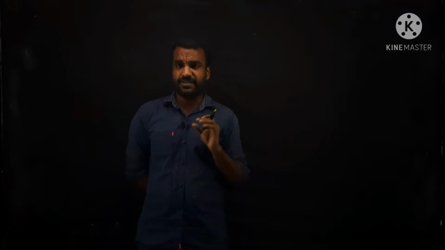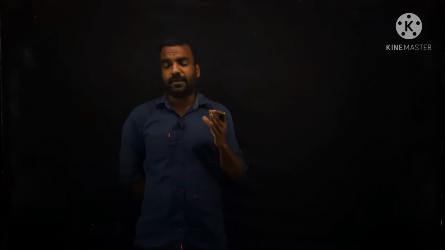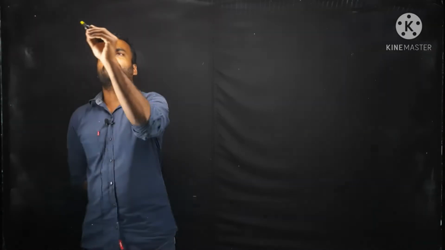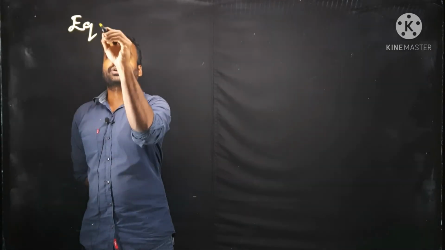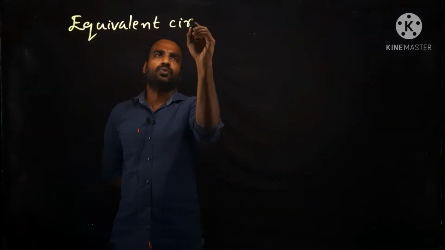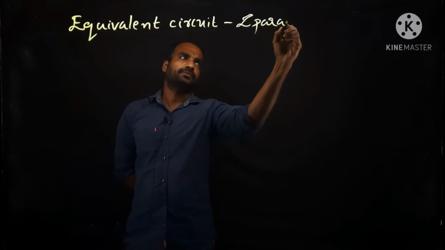But today, we are having some discussions about derivations like the equivalent circuit of a two-port network derived in terms of Z parameters, and also the condition for reciprocity and the condition for symmetry. So, first of all, we are moving to the equivalent circuit in terms of Z parameters.